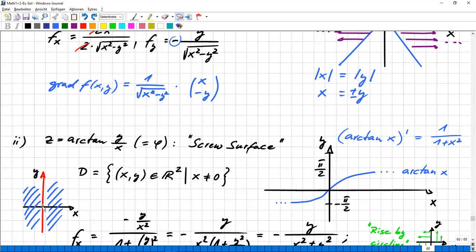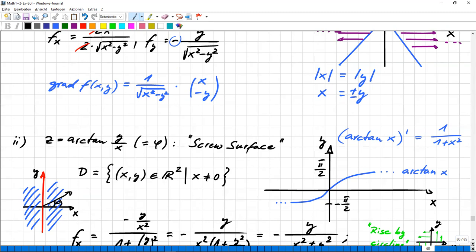Just imagine you would take a radius vector here with a certain angle phi to the x-axis, and then you would assign this angle to the z coordinate, which points towards you. It means the more you turn this vector counterclockwise, the larger your z component will get.